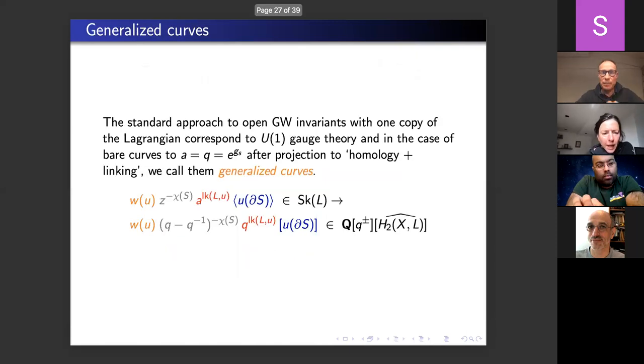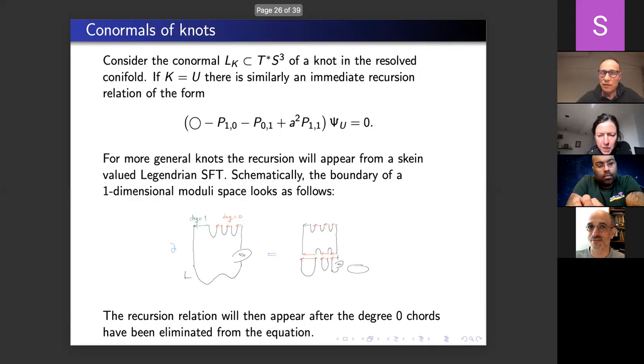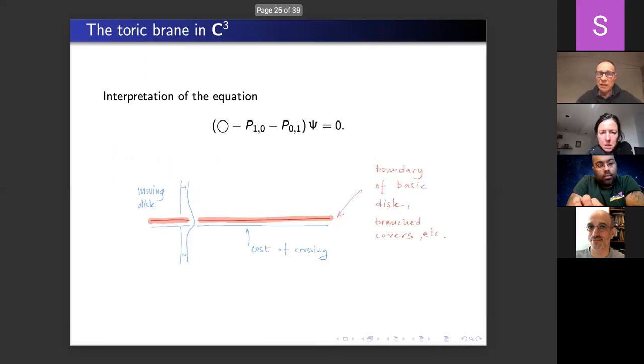Okay. And Tobias, somehow you're getting information about higher representations here as well, right? This is not for one brane. Absolutely. Yeah. So this packaging of things with this A in the skein on the brane is exactly packaging all representations, so any number of branes on this LK at the same time.